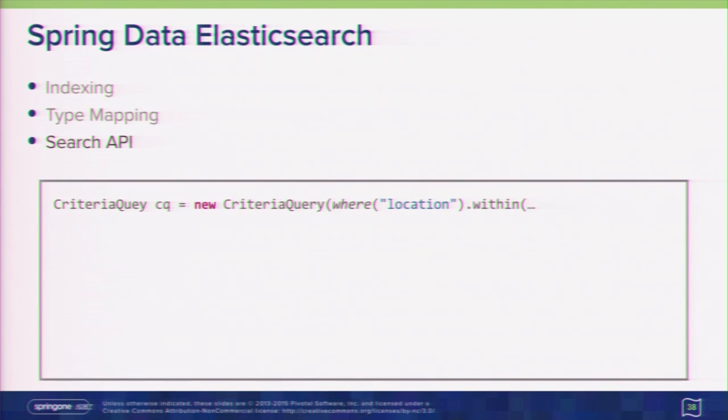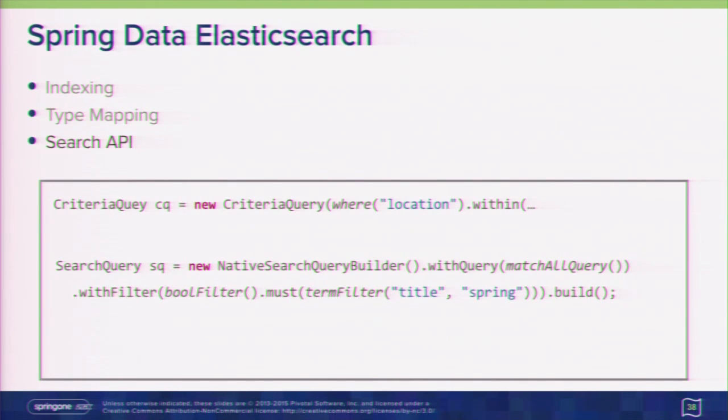Of course, Elasticsearch has many more capabilities than just doing search by some properties. So you can go on and use the native search query builder, it's called in that project, and then apply filters to it.